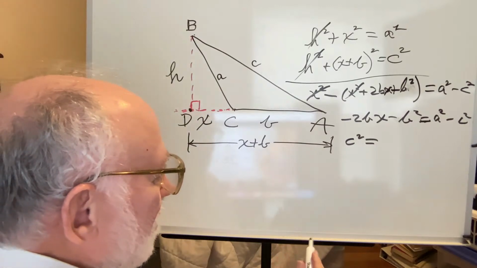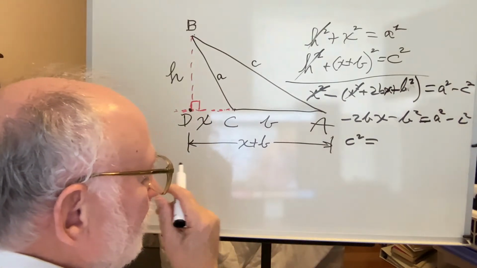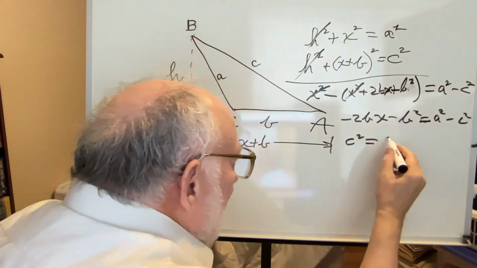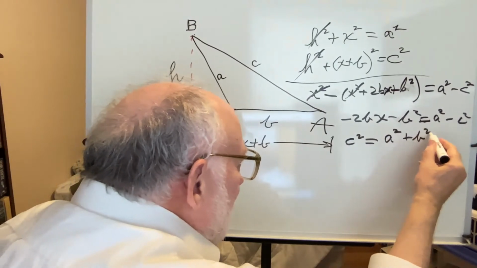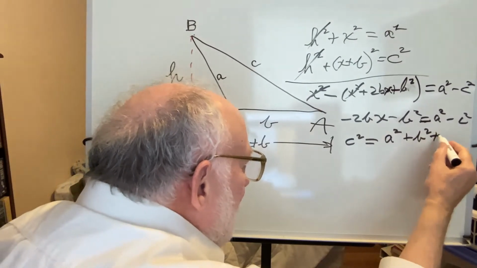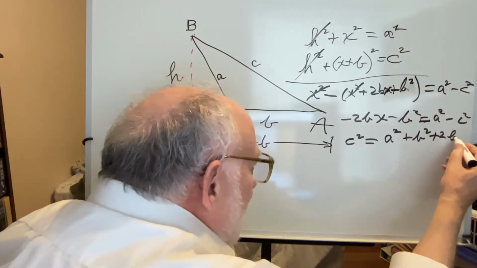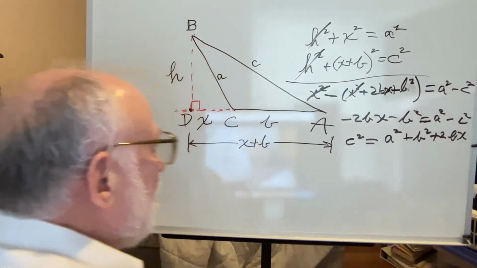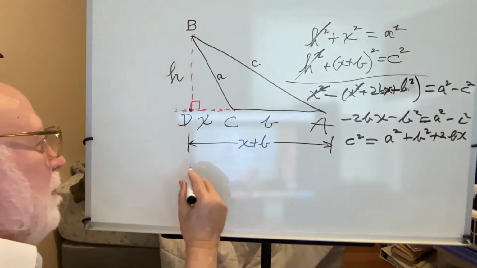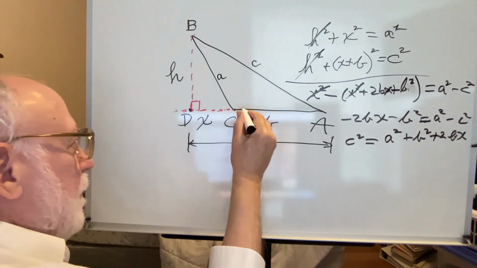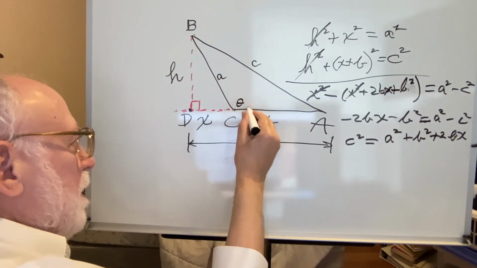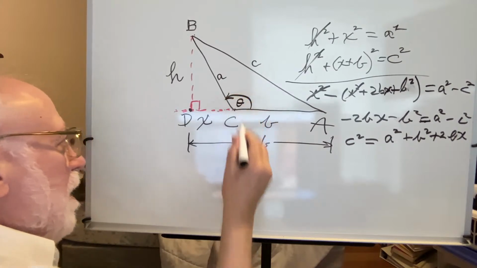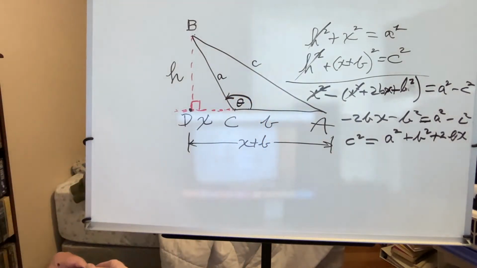Now what we want to do is, we have a squared plus b squared plus 2bx. But this is your angle C here, really. We can give it a name like theta temporarily.